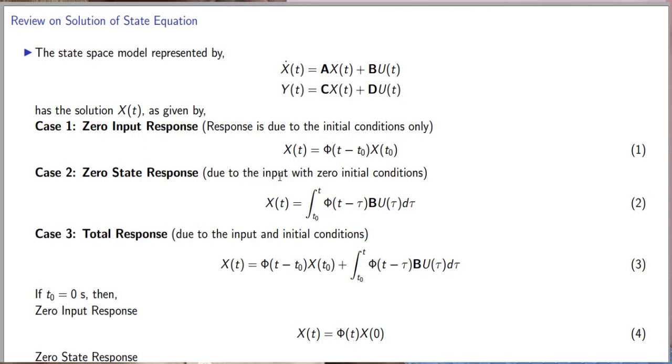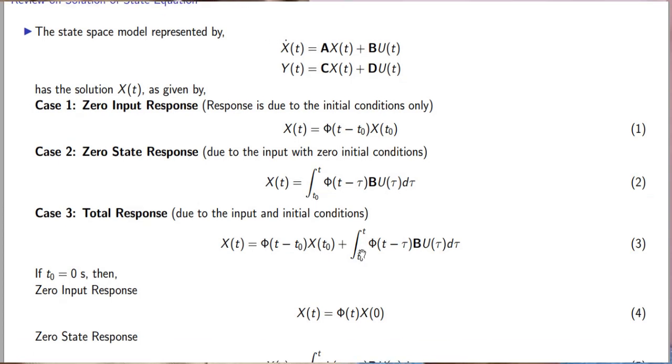The response due to the initial conditions is given by equation 1 and the response due to the input is given by equation 2. The total response is given by equation number 3. In all the equations, we assume that the start time of analysis is t0.